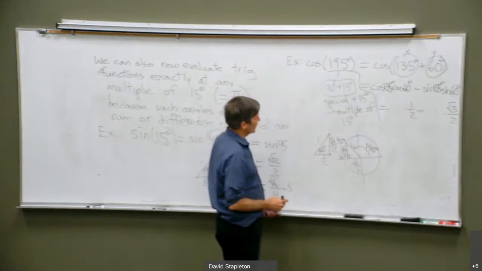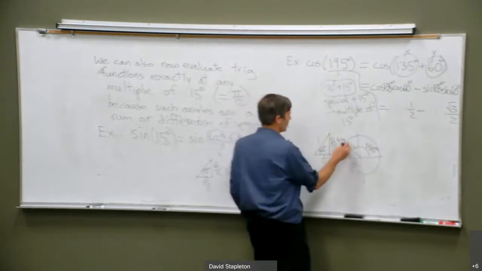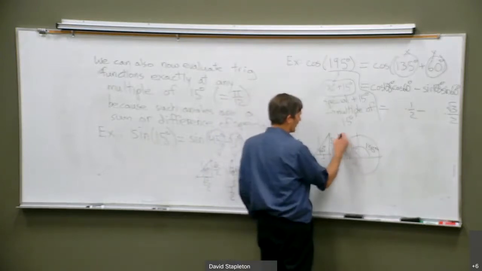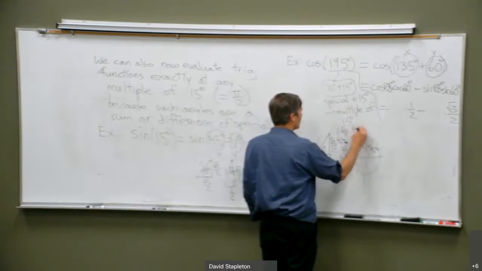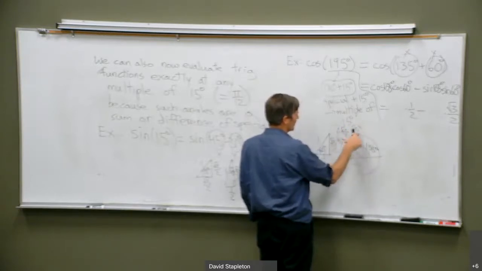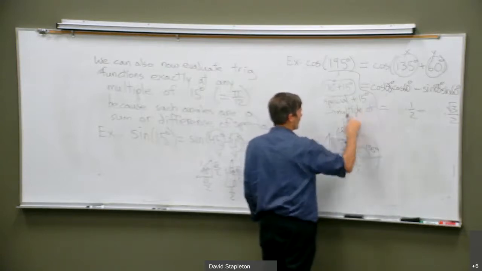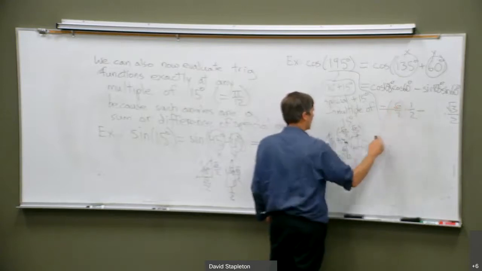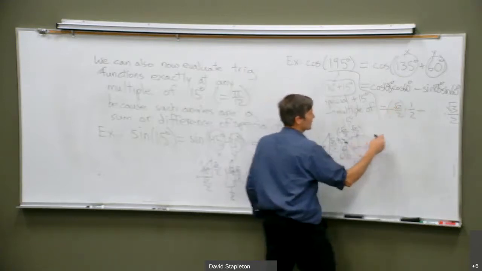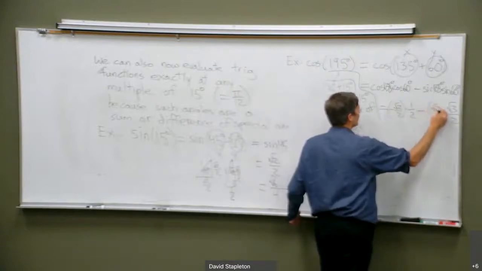Now I observe the cosine is the x-coordinate and the sine is the y-coordinate. You have to go by the coordinates, not the lengths, right? So the x-coordinate is minus square root 2 over 2, but the y-coordinate going up is plus square root 2 over 2. That means the cosine is minus and sine is plus. Cosine of 135 degrees is minus square root 2 over 2. Sine of 135 degrees is plus square root 2 over 2.